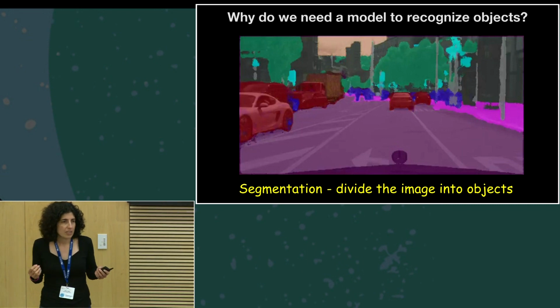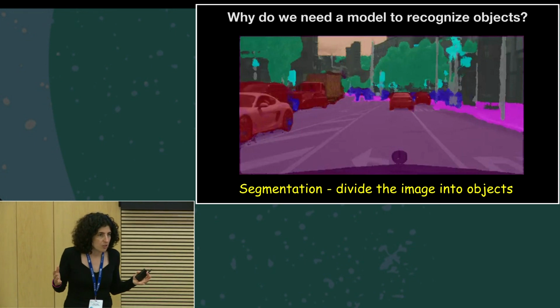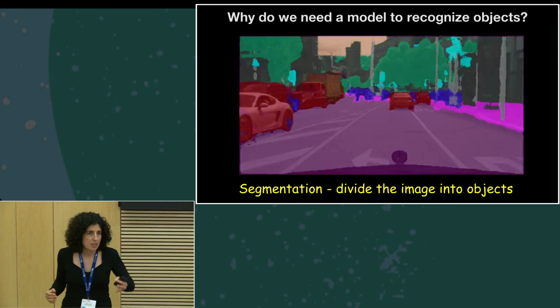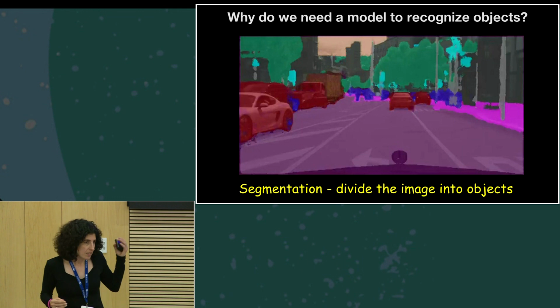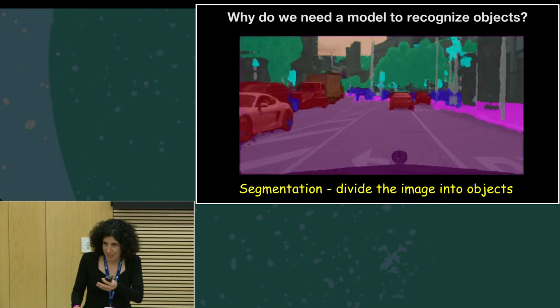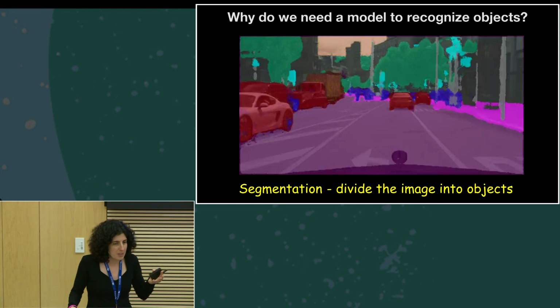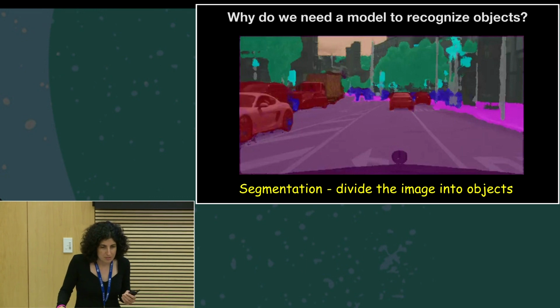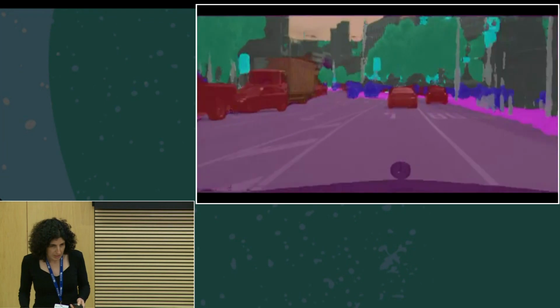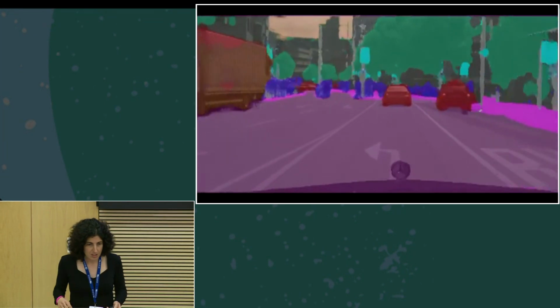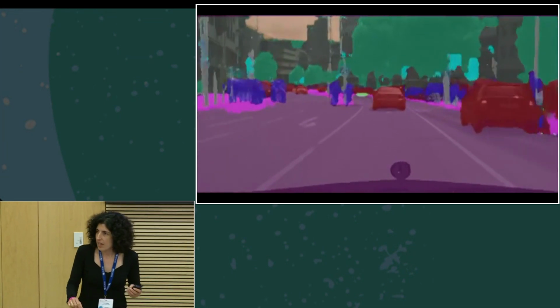When we look at our world, we recognize objects all the time. We see the people, we identify cars, and if we want self-driving cars, like you saw before with Odelia, we want them to identify what is on the road. So let's look at how a car visualizes the road.